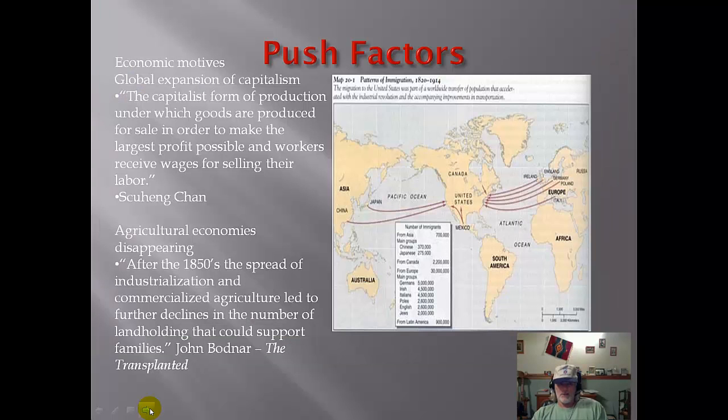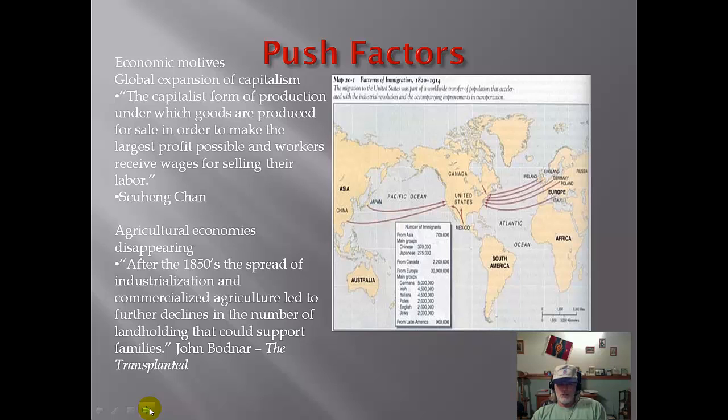Some push factors: the global expansion of capitalism. Workers were needed to produce the goods, and as you can see from this map, many of these workers came from Germany, Poland and England. Ireland suffered from potato famines, and they came to America looking for economic opportunity.